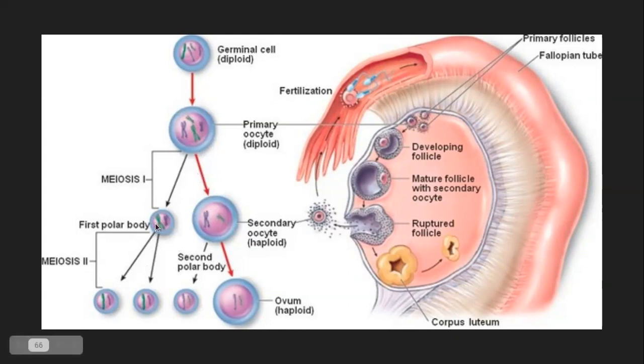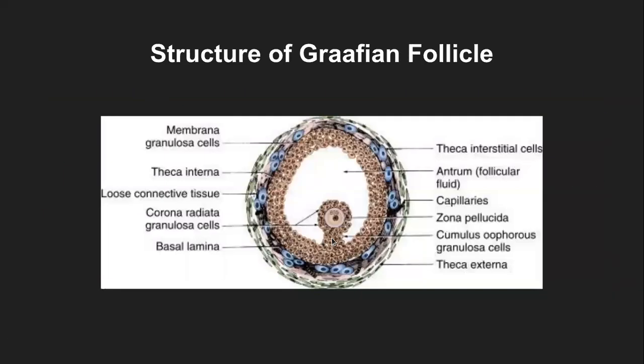So these two cells are being formed within that whole structure of the follicle. Now this is still like a next structure, the Graafian follicle, but let's assume this was the primary oocyte, and this is divided into one smaller first polar body and one bigger secondary oocyte, and that's how this cell will look then.